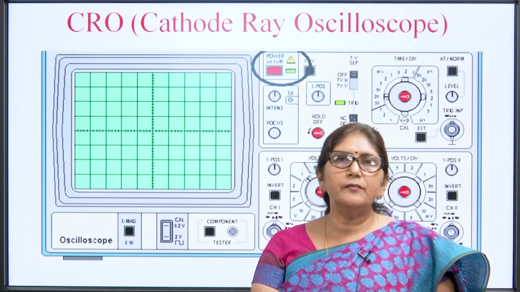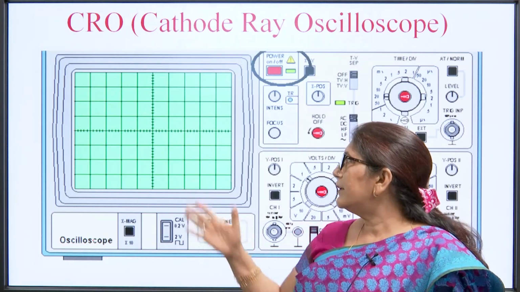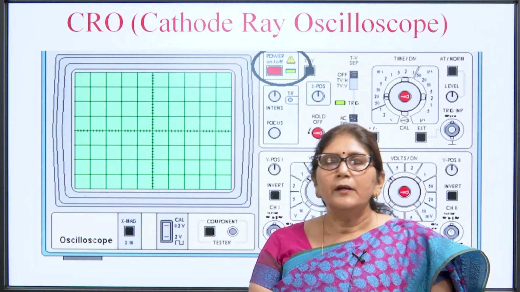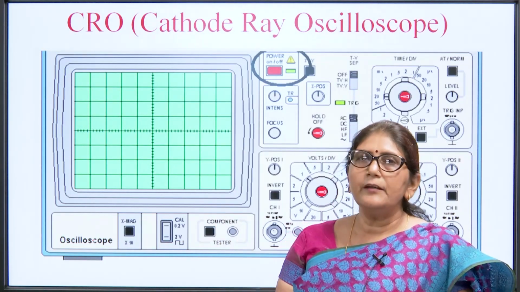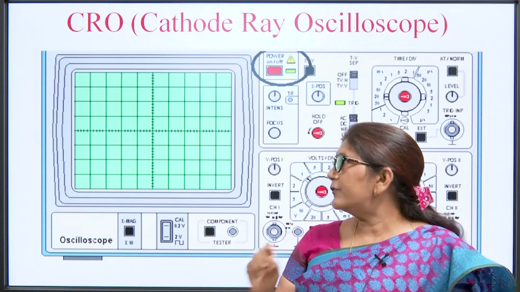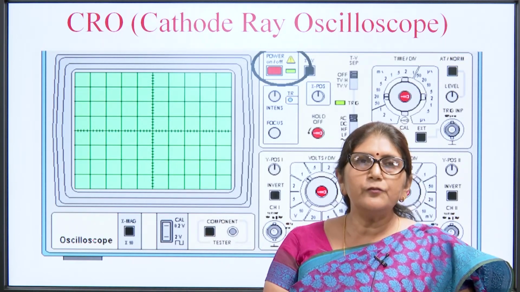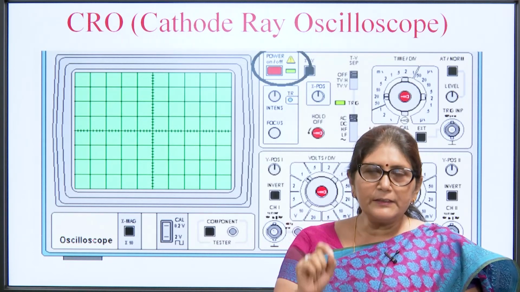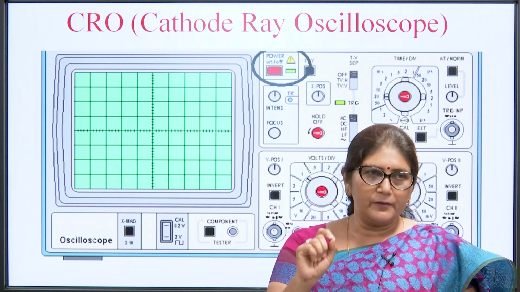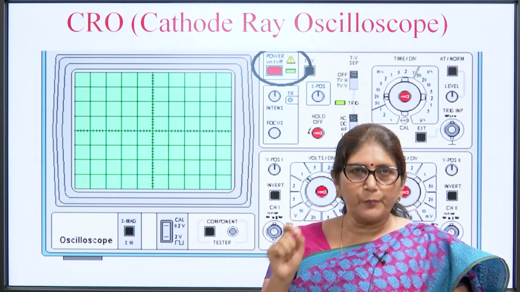The screen is generally a fluorescent screen, and in general the green color is preferred. What is the function of this fluorescent screen? If the electron beam strikes a spot on this screen, the property of the screen is to convert that spot, the electrical signal coming through the cathode ray tube, into a luminous spot.